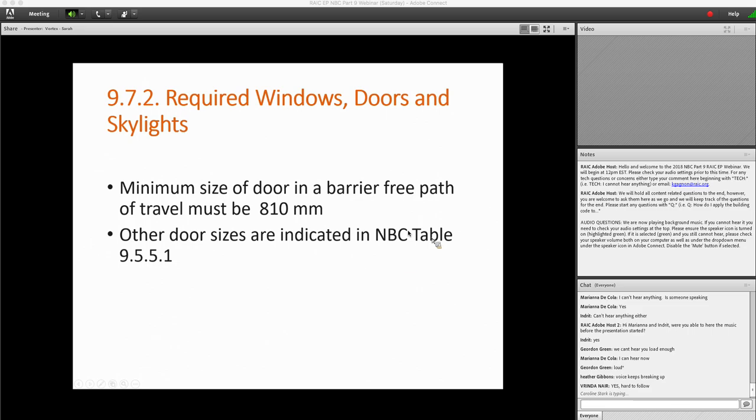The minimum size of a door in a barrier-free path of travel must be 810 millimeters. It is good to note that barrier-free requirements apply to most buildings, even under Part 9. There are exceptions, and they are stated in the code as well. Other door size requirements are in Table 9.5.5.1.